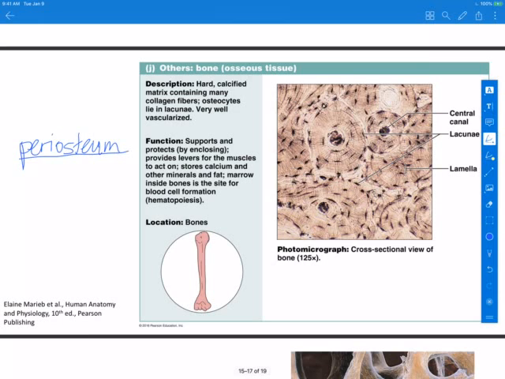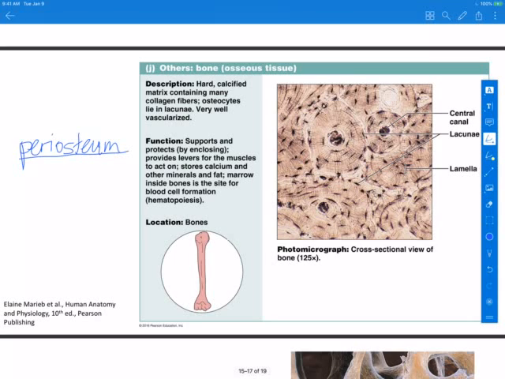It's connective tissue that surrounds or encapsulates the bone, and it comes in two layers, as I've mentioned already in class. The outer fibrous layer and the inner osteogenic layer of cells, which can differentiate into osteoblasts, which produce more bone, for example.